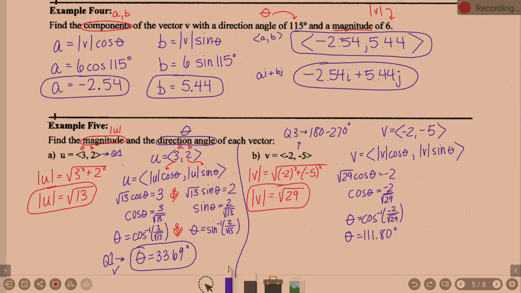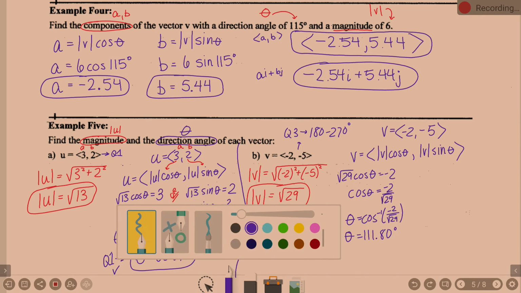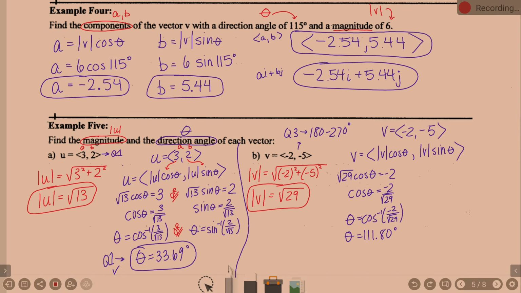Okay, so, little side sketch here, right? If I do a side sketch, where is 111.8 degrees? Quadrant 2, yes. In quadrant 2, yes?